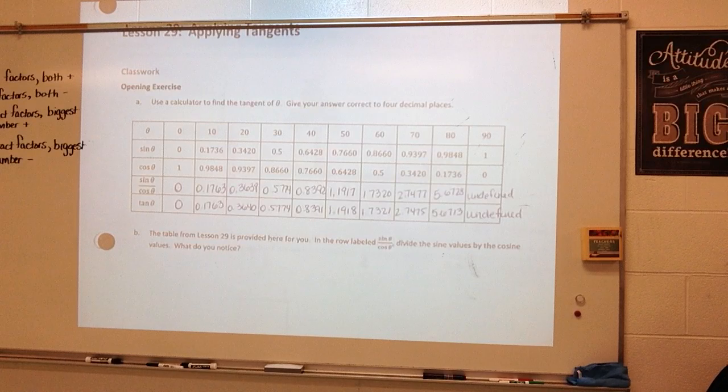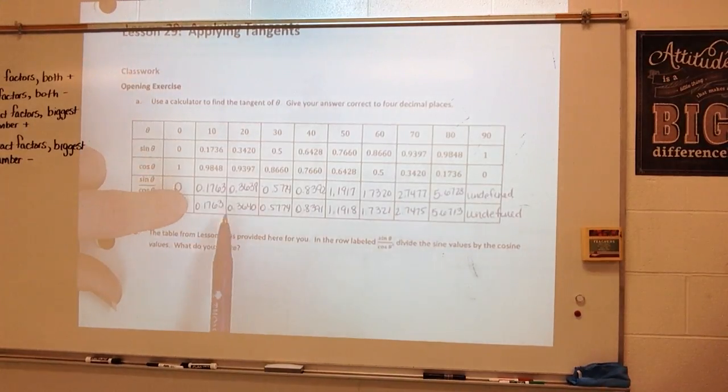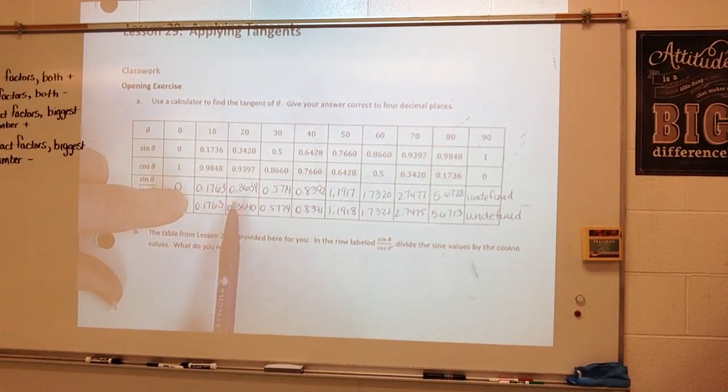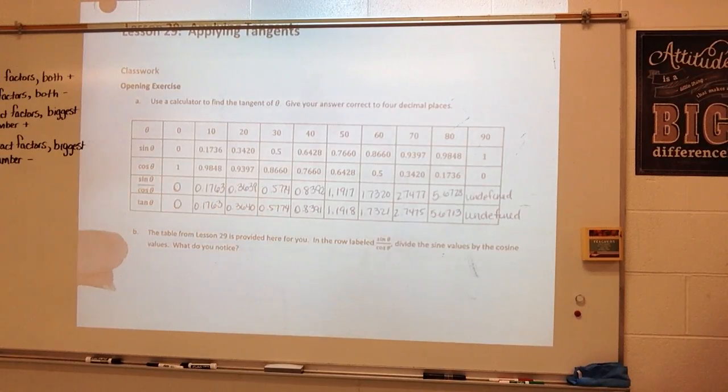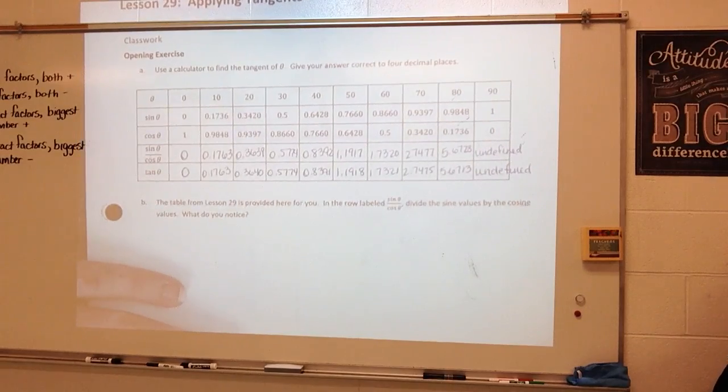Well, what you're going to notice for each of the listed degree values, dividing the value of the sine of the angle by the corresponding value of the cosine of the angle gives us a value that is very close to tangent. Notice some of them are the same, but some of them might be just a little bit off.